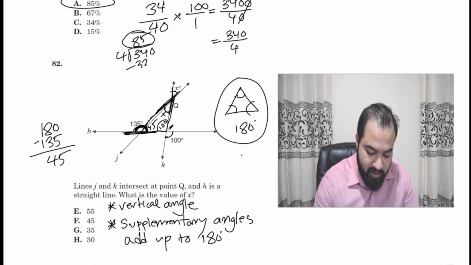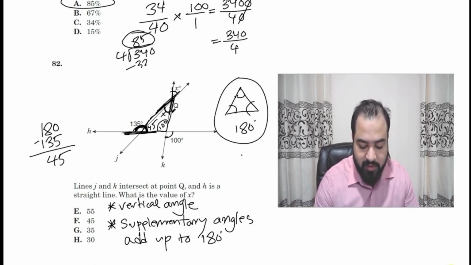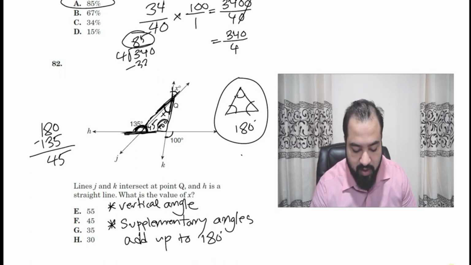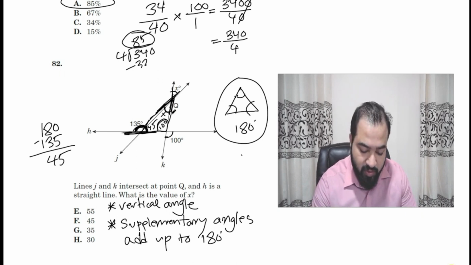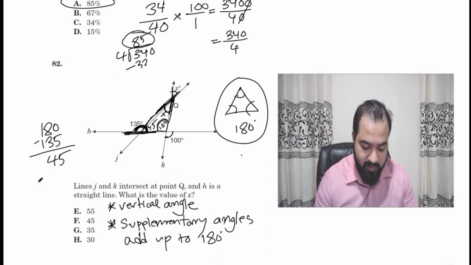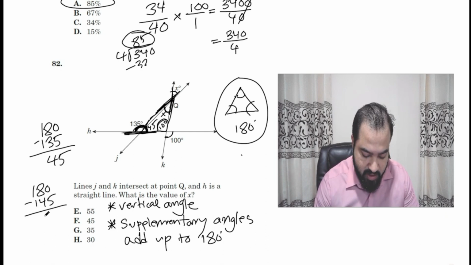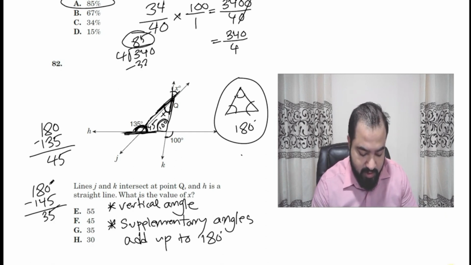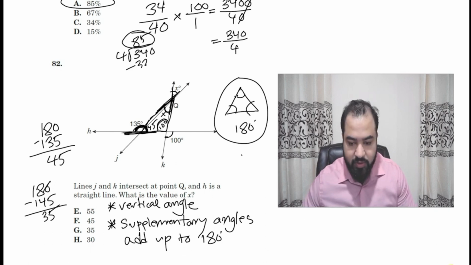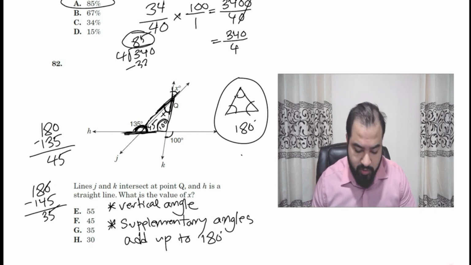One of the angles is x, another is 45, another is 100. So what is angle x? 45 plus 100 is 145, so you subtract 145 from 180. This is 35, I believe. Okay, so it will be 35.